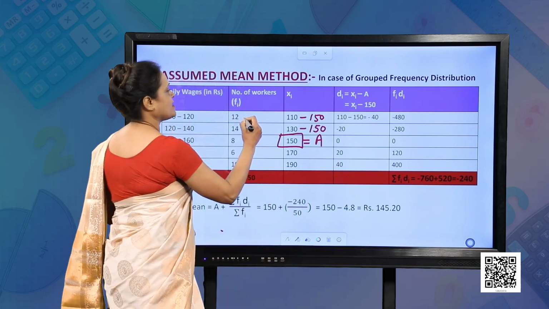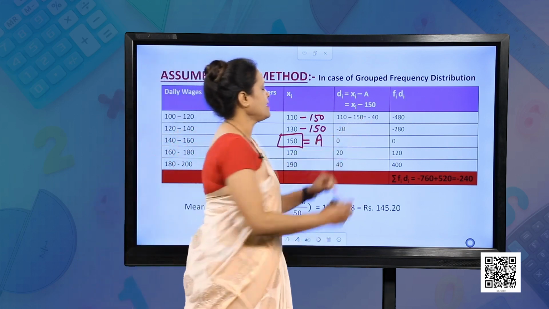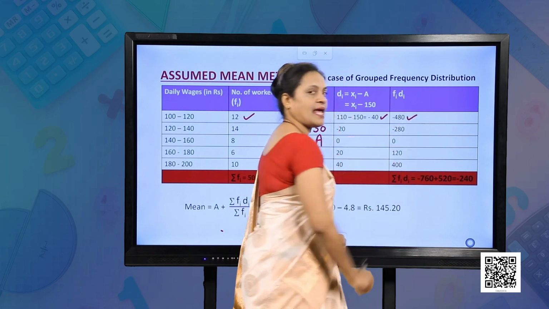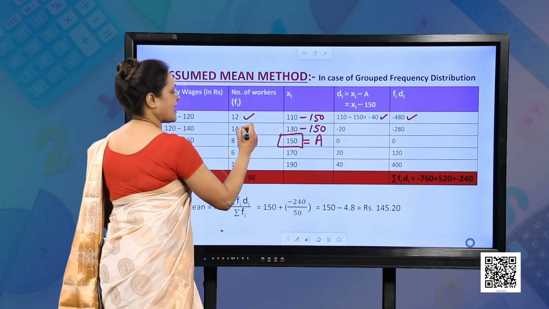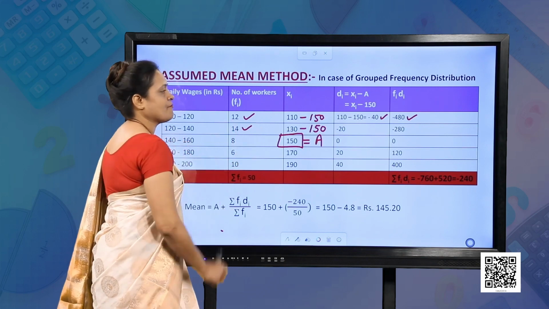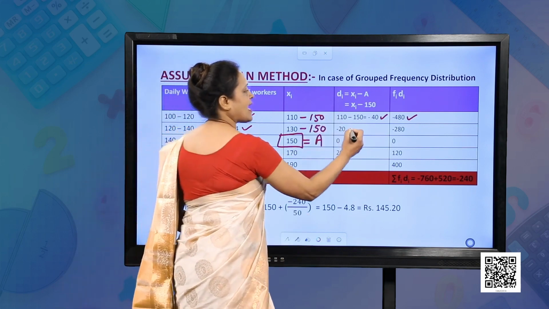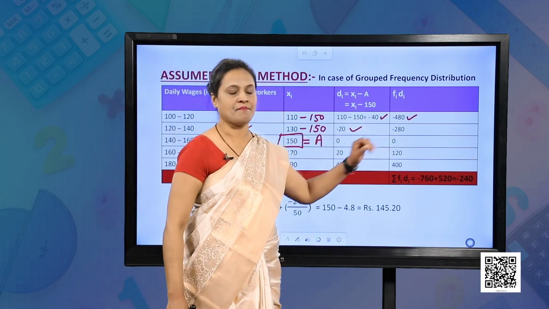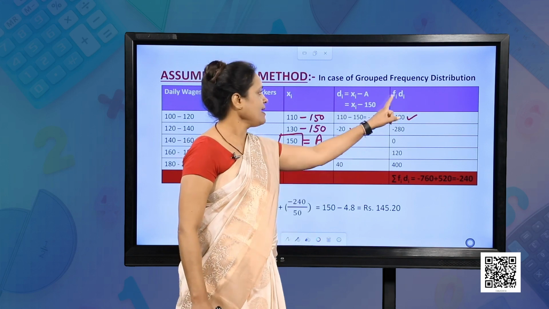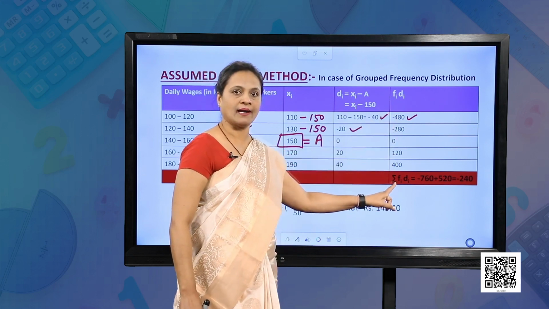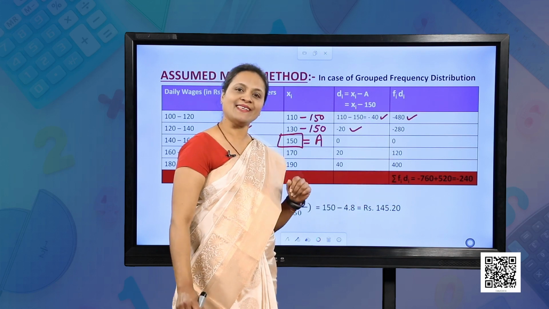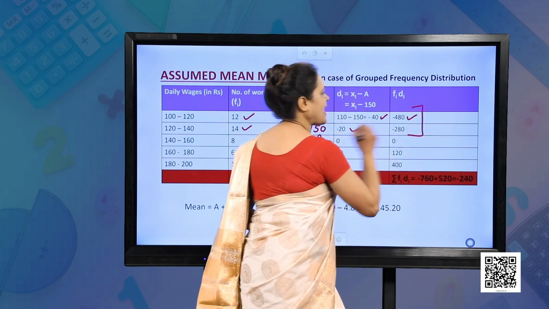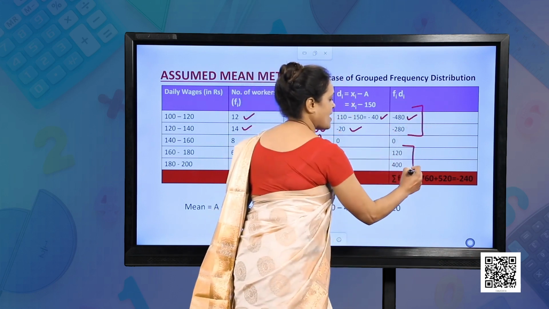Next step, Fi into Di. So, Fi 12 will be multiplied with minus 40 and the answer is minus 480. Second, this is F2, 14, will be multiplied with the second Di, that is D2, minus 20, and the product turns out to be minus 280. Similarly, we can multiply for all class intervals. Next step, again the same, add all, but here some of the values are negative and some are positive.